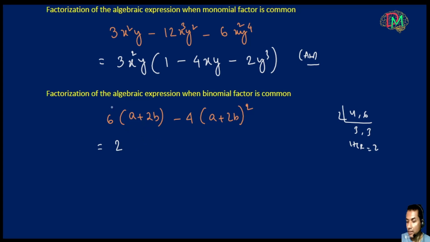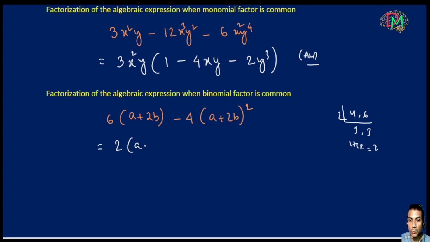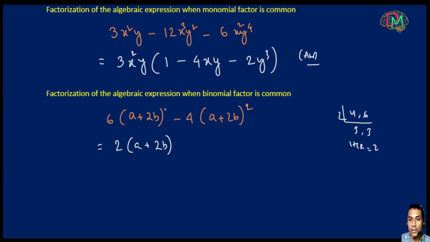And here, this binomial expression is present in both terms. So first we simply take the common binomial expression, and then we have to check the power. We have to find the lowest power, and here it is 1 and here it is 2, so the lowest power is what? 1.